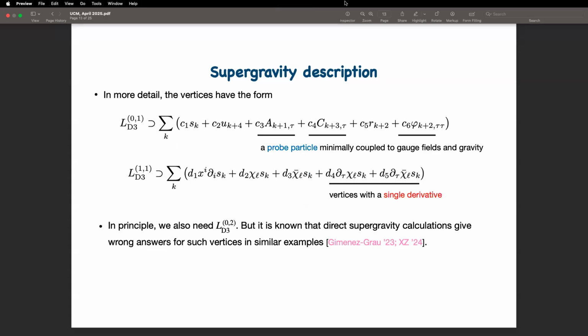Okay, now let's go slightly more into the details. Here I'm showing you L01 and L11.